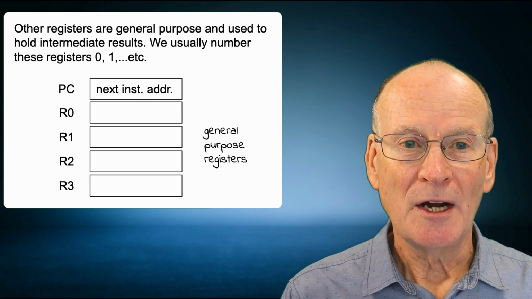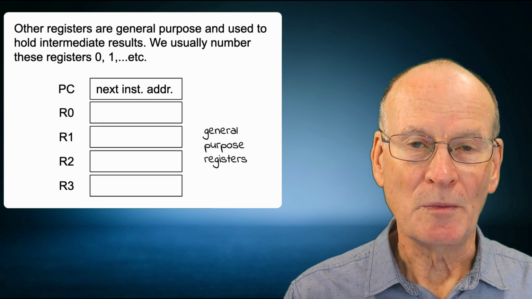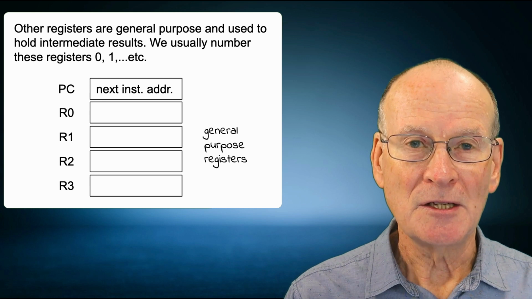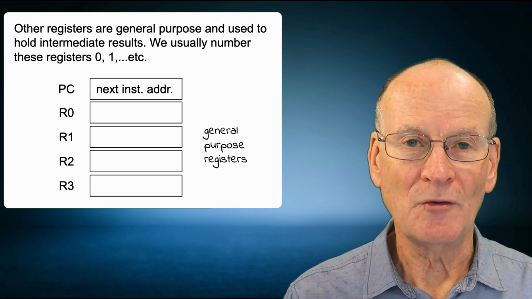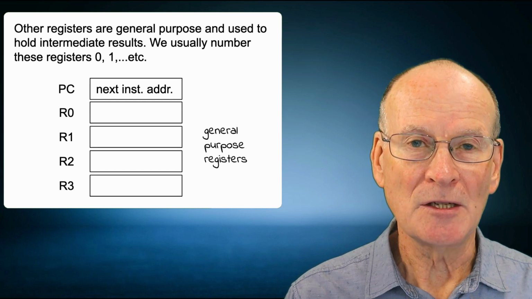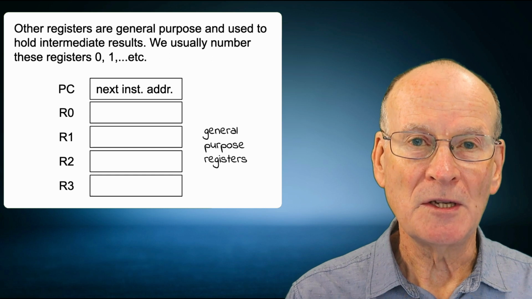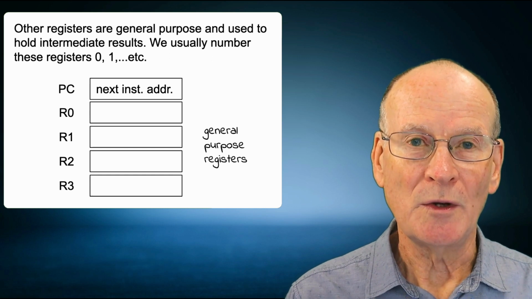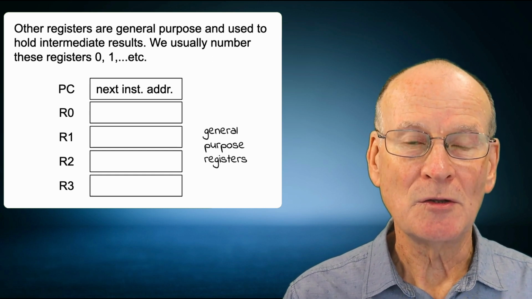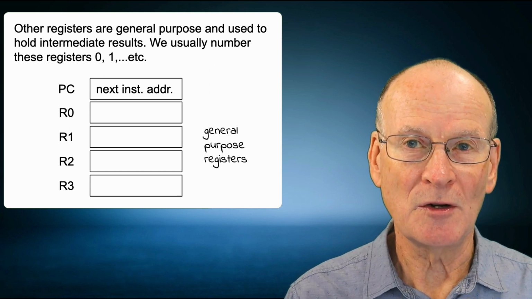Now, as I said, registers in a computer, there may be several of them. You've got your program counter, and in this particular diagram I've shown 4 registers. They're numbered usually, and we call them R0, R1, and so on. By numbering them, it's like an address, and so we can use 2 bits to select a particular register here, from the R0 to the R3.